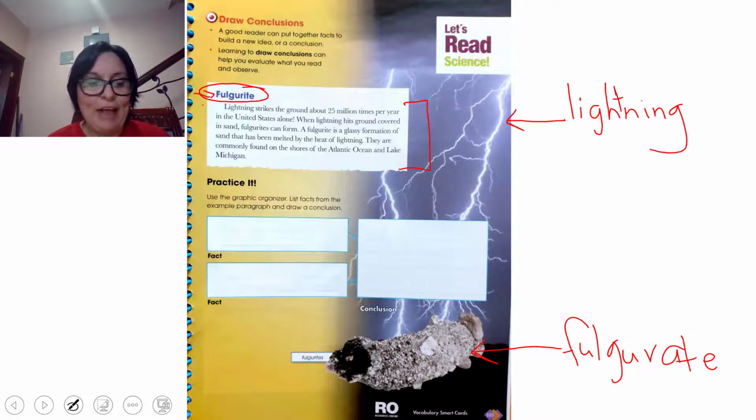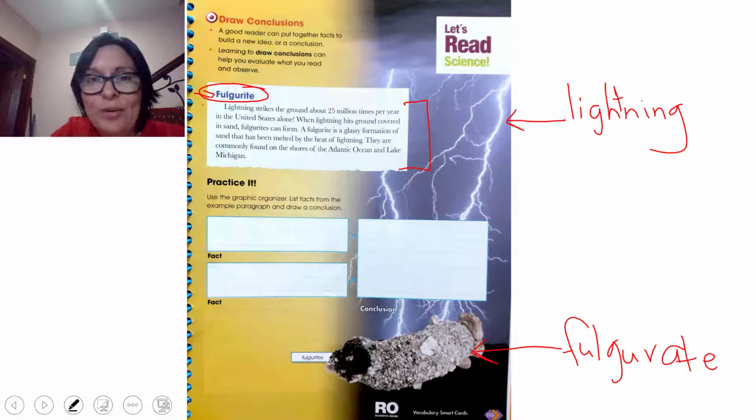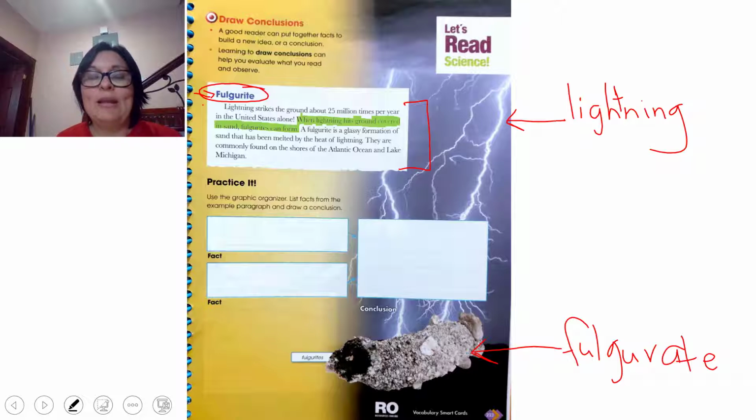For example, one fact that we can find is that when lightning hits the ground covered in sand, what happened? Fulgurites can form. That one is a fact.